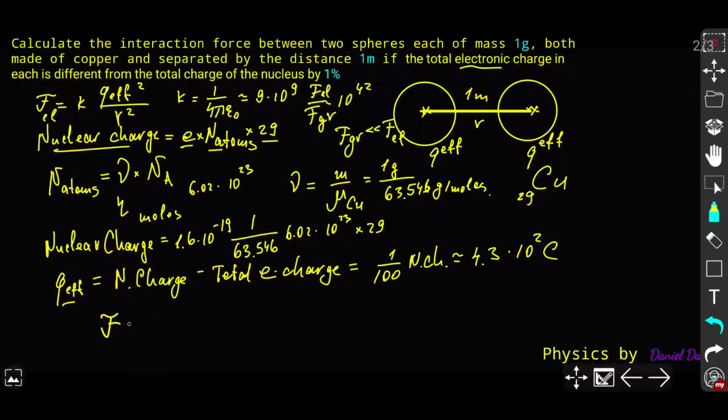So the force of interaction is going to be equal to 9 times 10 to the power 9, times what we've calculated here, 4.3 squared and 10 to the power 4, over 1 meter squared. That's going to be the final result, and the force of interaction is going to be equal to 1.74 times 10 to the power 15 newtons.